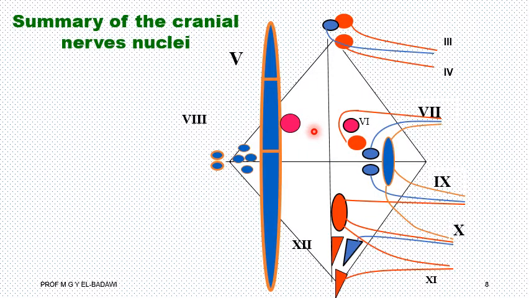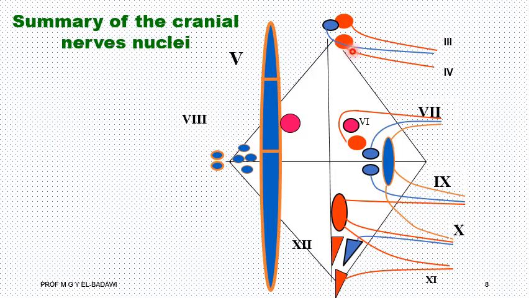That's a very good summary of the cranial nerve nuclei, which you can study separately yourself. Take the trigeminal, for example: the mesencephalic nucleus, the main sensory nucleus in blue, as you can see, and the spinal nucleus of the trigeminal. It comes from these 3, and from the motor nucleus of the trigeminal. The third nerve, as you can see here, 1 motor and 1 Edinger-Westphal.